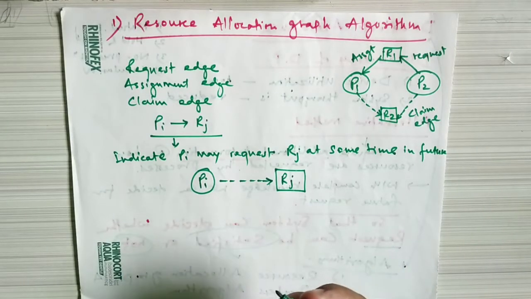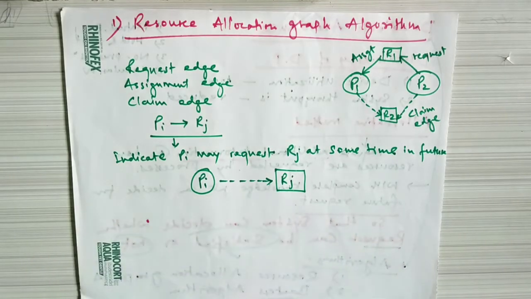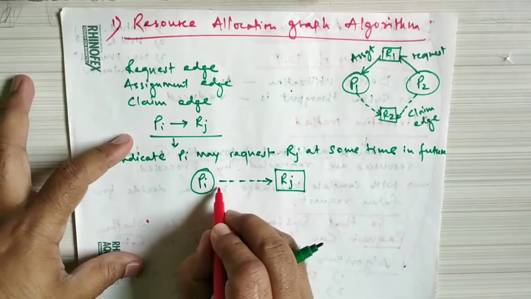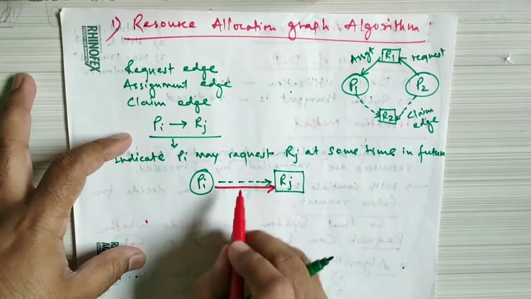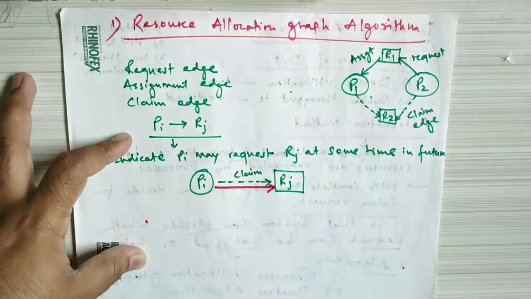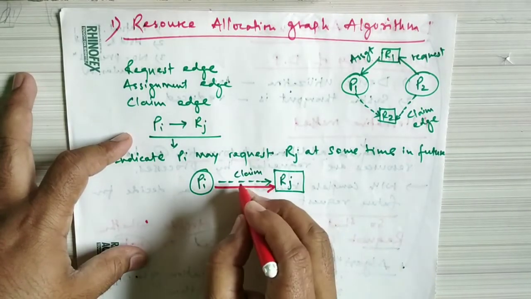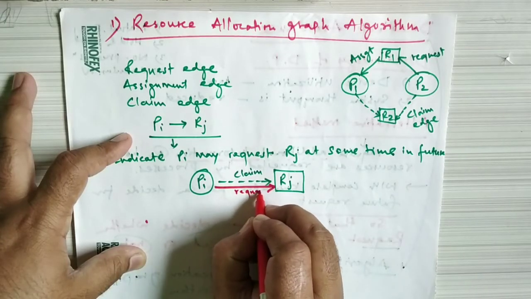After some time, if it requires the resource Rj, the dotted line will be converted into a solid line, and now it is requesting.